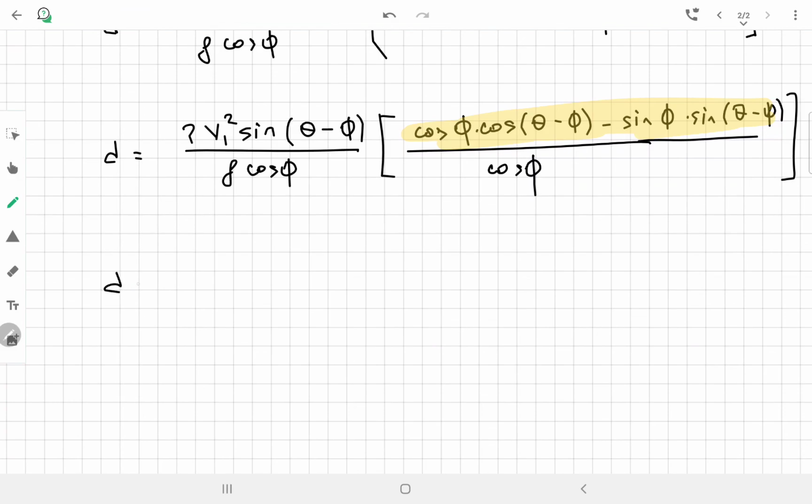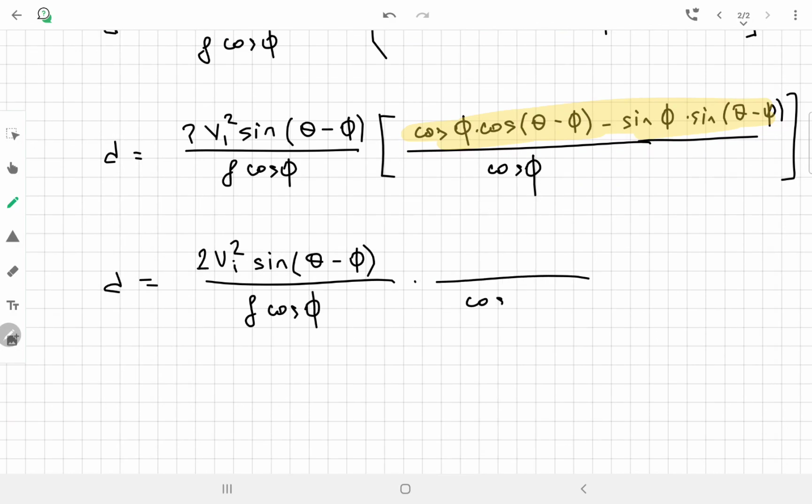So let's continue. D is equal to 2 vi squared sine theta minus phi divided by g cosine phi, times cosine of the first angle phi plus the second angle theta minus phi. So phi will be cancelled, and we have only cosine theta.